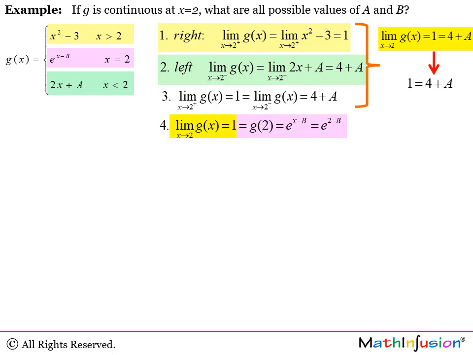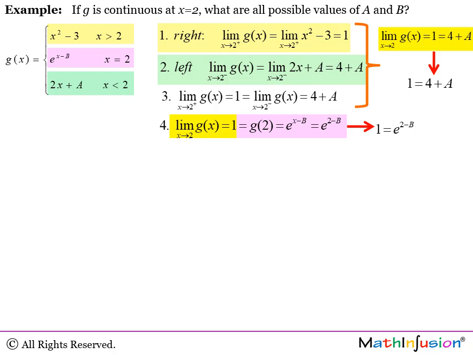Now it's step 4. The limit of the function, which is 1, must equal g of 2. So you go to the function and you realize that g of 2 is e to the power of 2 minus b. I get another equation. This equation, 1 has to be equal to e to the power of 2 minus b.